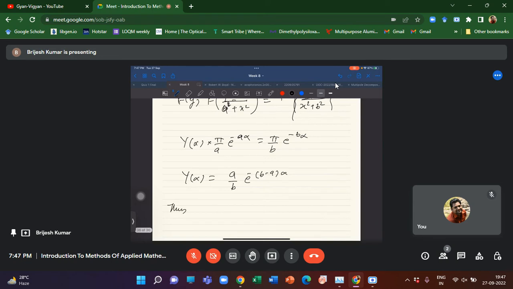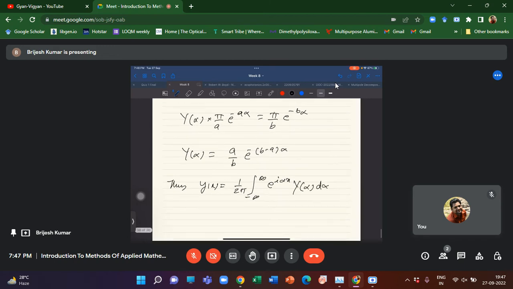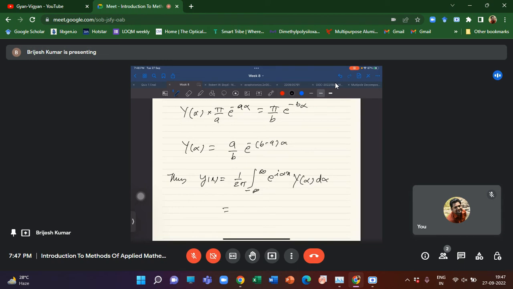So thus we can write y(x) is equal to 1 upon 2 pi, the integration from minus infinity to infinity of e to the power i alpha x Y(alpha) d alpha. So this will be a upon b pi, the integration from 0 to infinity of e to the power minus (b minus a) alpha cos alpha x d alpha.